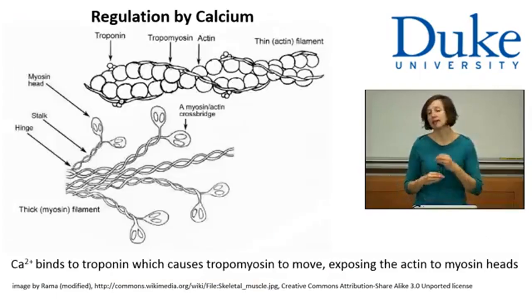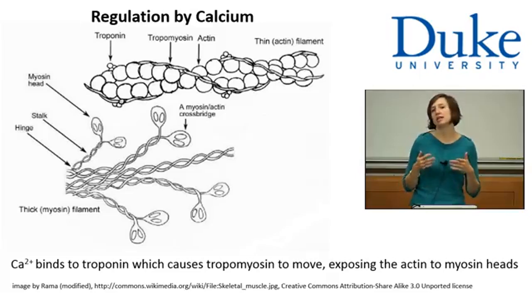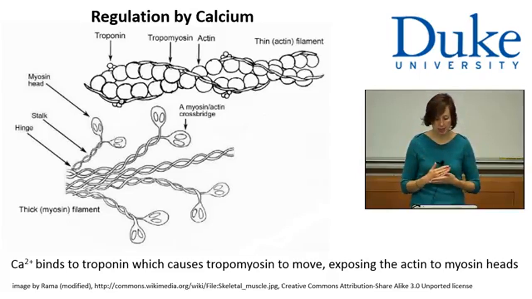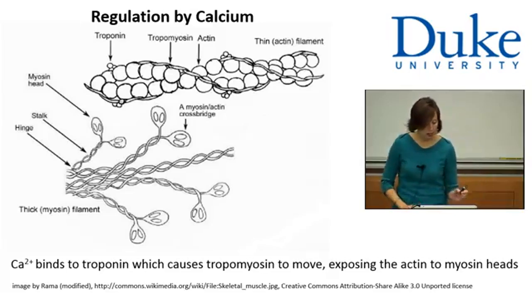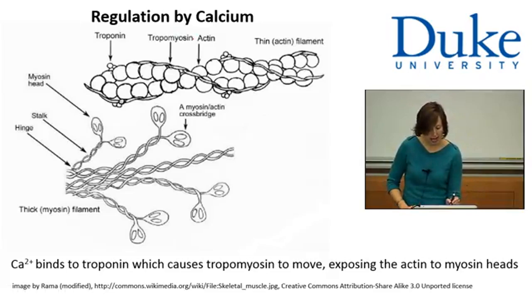So let's talk now with more detail about how this is occurring. We've already said that contraction is going to be regulated by calcium. So how is this going to happen on a molecular level? We're going to look here at the top, which is actin, our thin filaments.